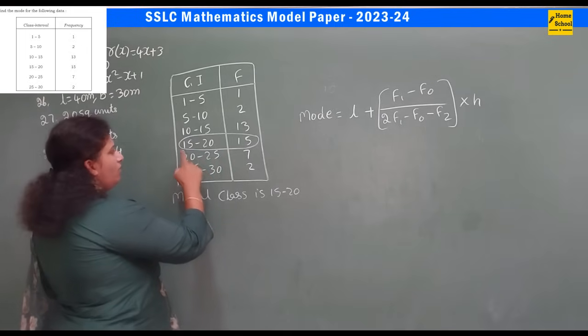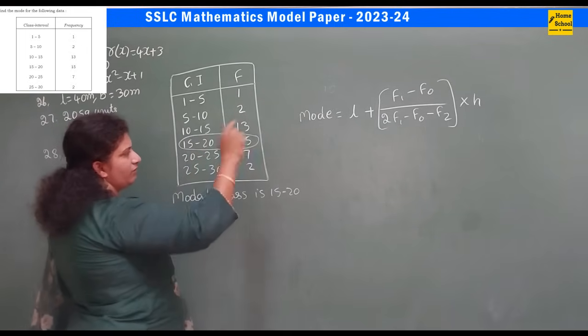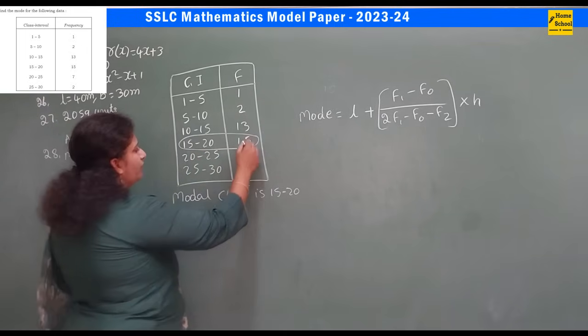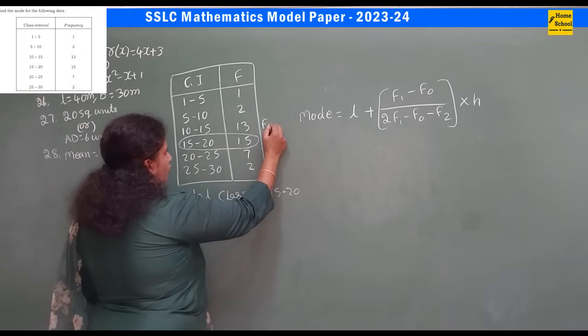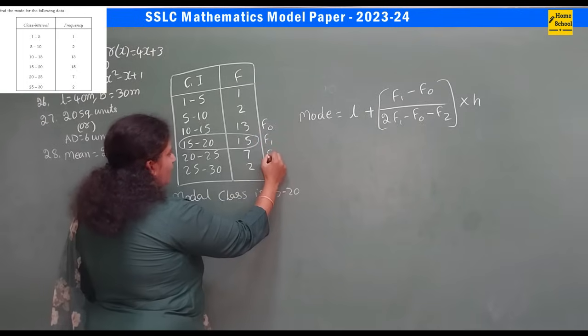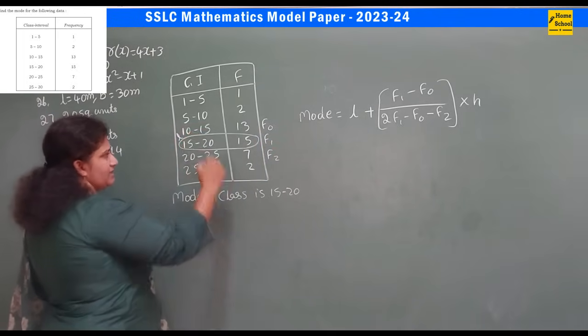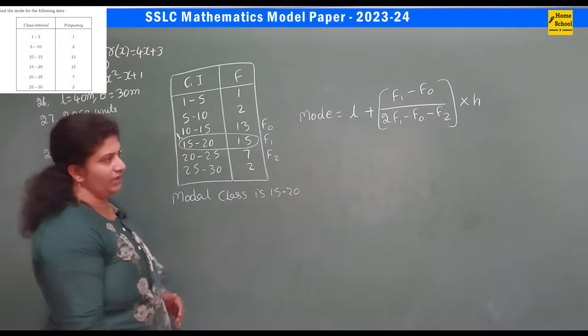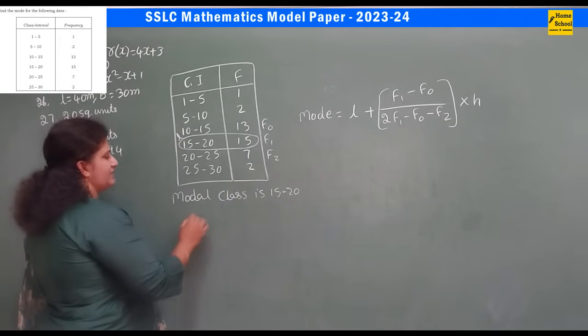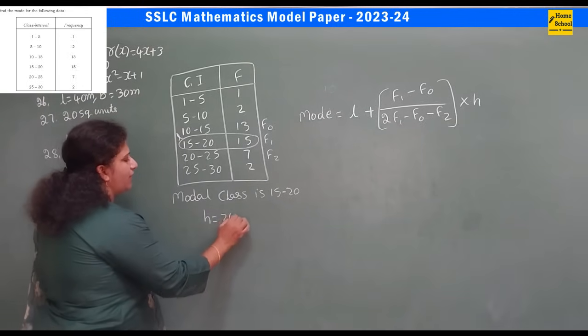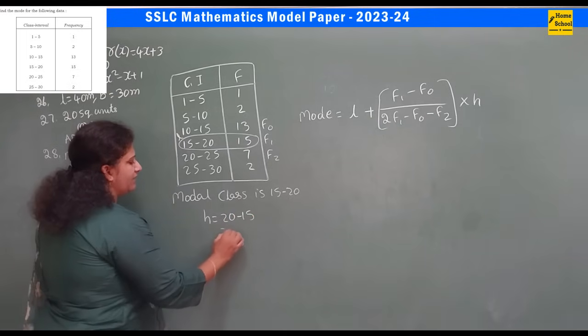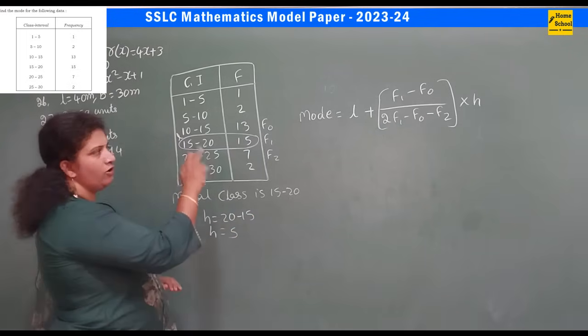Okay. So now by seeing modal class, you need to find F0, F1, F2. This is F0, this is F1 and this is F2. Lower limit in the modal class, that is L is equal to 15 and H is the class size. H is equal to upper limit minus lower limit, that is 5. So we got all the values.